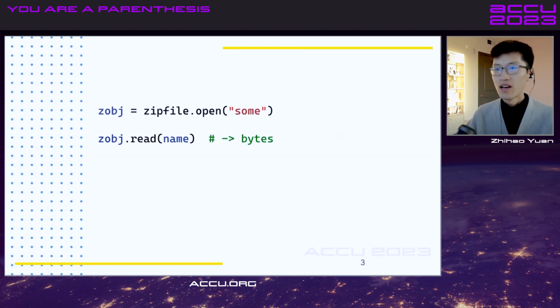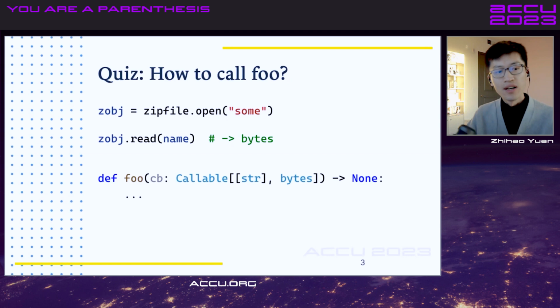It's a capitalized ZipFile object, and it has a method called read. It accepts the name of a member and gives you the full content of the member in bytes.